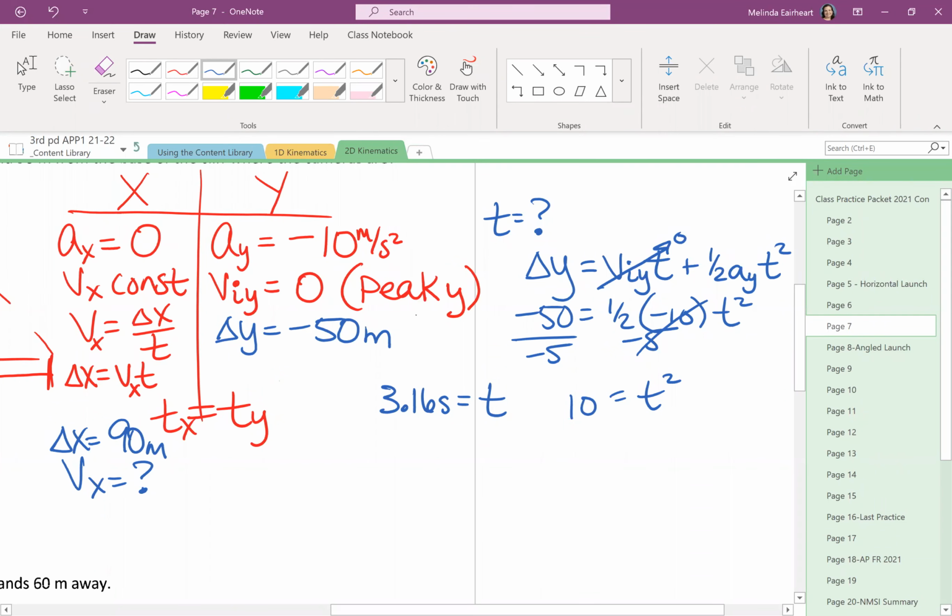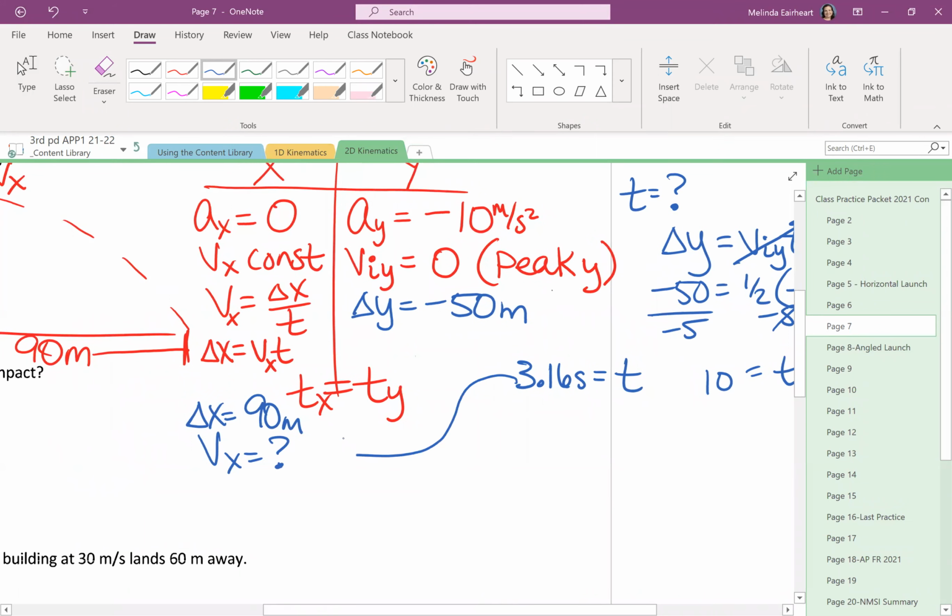Well, that time is not my answer, but now I can use it to find my horizontal velocity. And so horizontal velocity is that displacement over time, 90 meters over 3.16. Gee, I wish it had been 3 even. That's okay. What do we get?